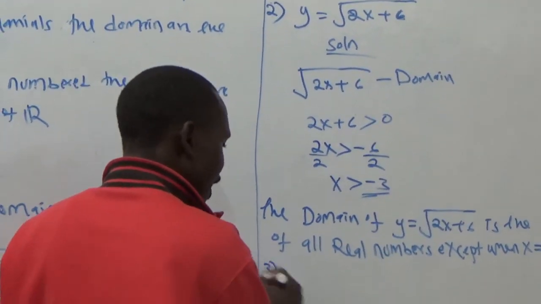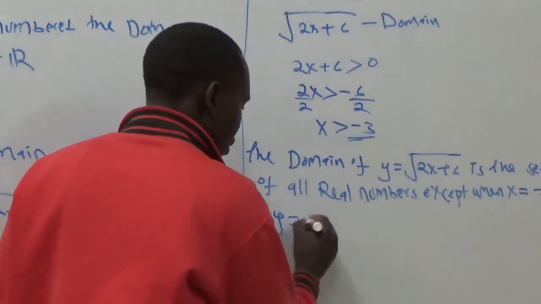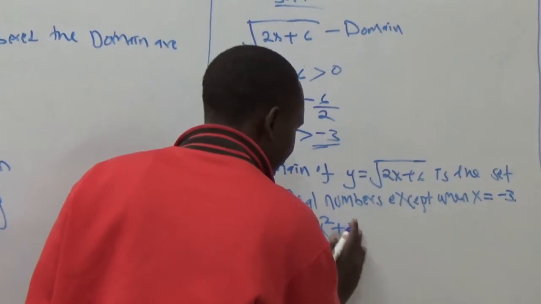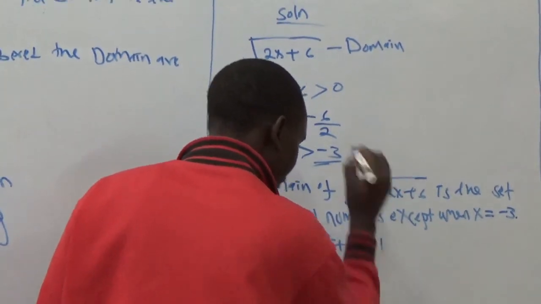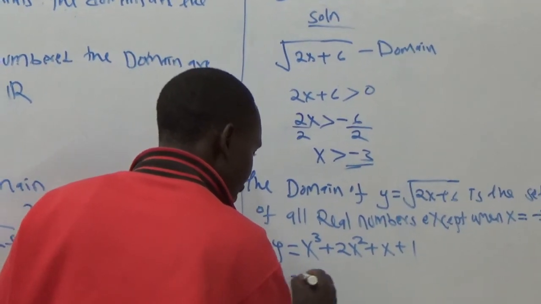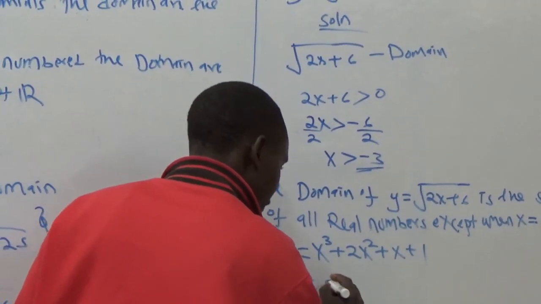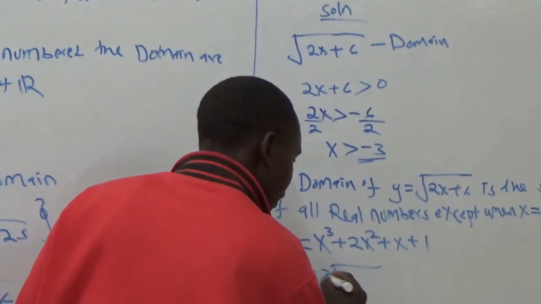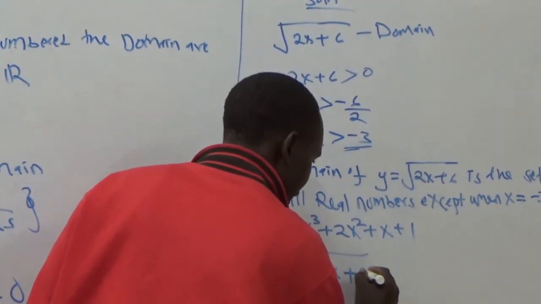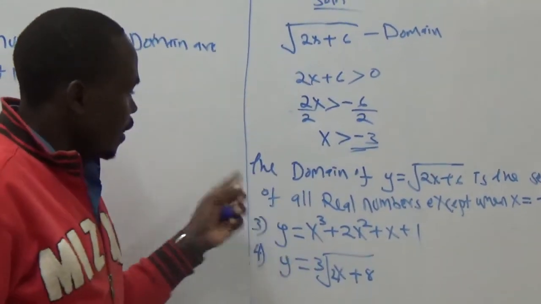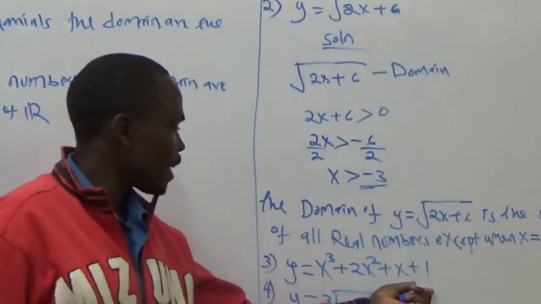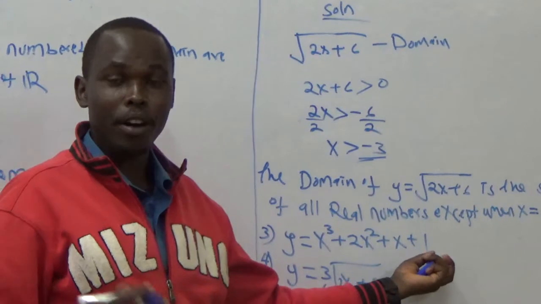Then our third example is y equal to x cubed plus 2x squared plus x plus 1. Then the fourth one, y equal to the cube root of 2x plus 8. For these two examples, the domain is the set of all real numbers.